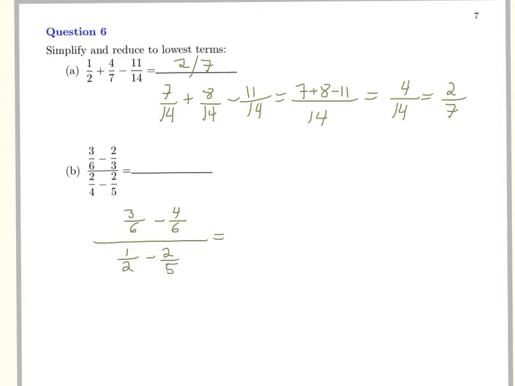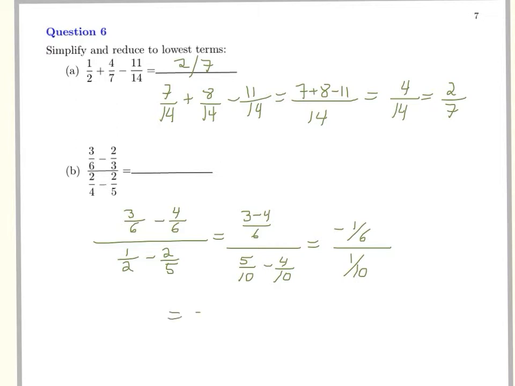So the numerator is 3 minus 4 over 6. And the denominator, we can have a common denominator of 10. So we'll write 1/2 as 5 over 10 and 2/5 as 4 over 10. So 3 minus 4, that's minus 1 over 6. And then 5 minus 4 is 1 over 10.